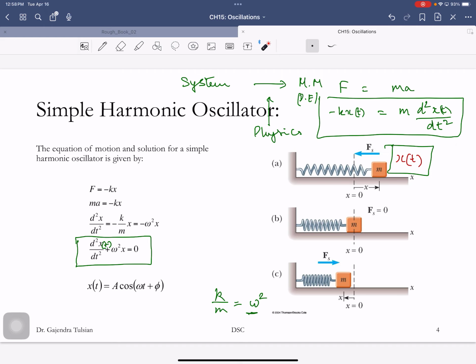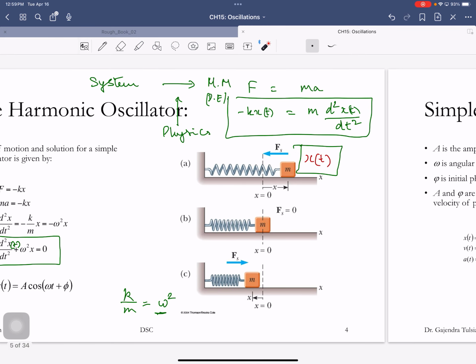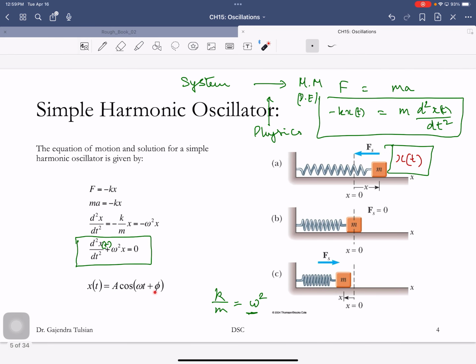As long as the restoring force is proportional to the displacement, what you get is a simple harmonic motion, meaning the position is given by a sine or a cosine function. And these two constants are determined by the initial conditions.